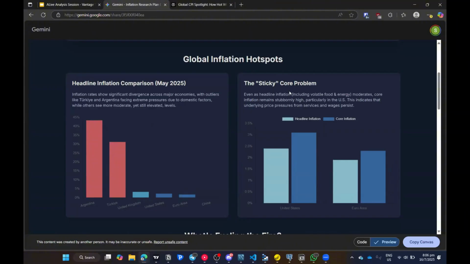The core CPI, which includes your food and energy, is roughly 0.7 points higher than your headline inflation. In the euro area as well, food and energy is growing at a faster rate than headline inflation.